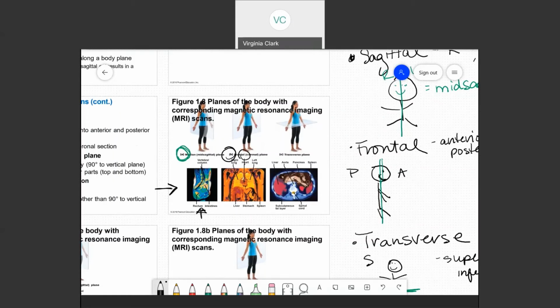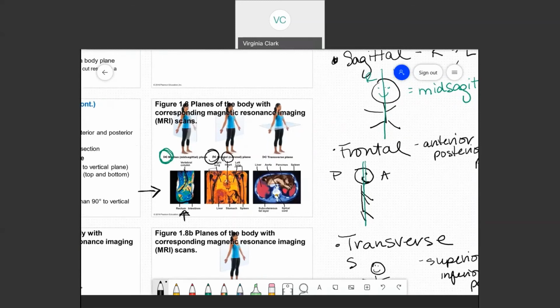This is the shoulders, and so this is the heart and the lungs. So you're looking, essentially, you've cut down like that headband and you're getting half of the torso. And then this is going to be right across, right below your stomach. So this is your backbone right here. Think about this as a tube going into the screen. And then the tips of the toes are all the way at the very bottom. So this is right underneath the stomach, right underneath your rib cage, if you were to slice your body in half right here. So you can actually use these when you're looking at imaging scans.